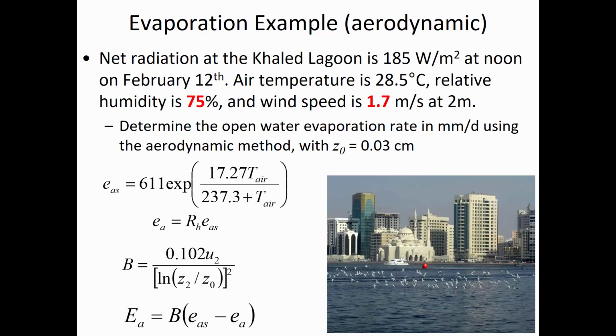And then finally, once we have that vapor transfer coefficient, we calculate the evaporation rate by B times E sub AS minus E sub A. So the difference between the two is the gradient. And remember, a big gradient is what causes a fast evaporation rate.